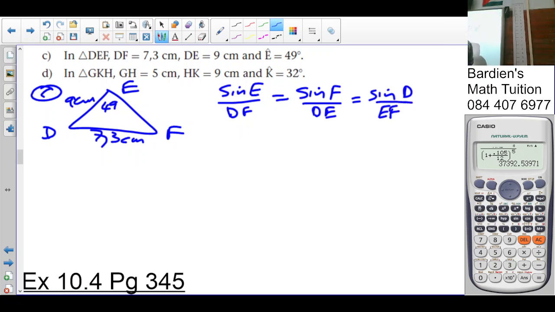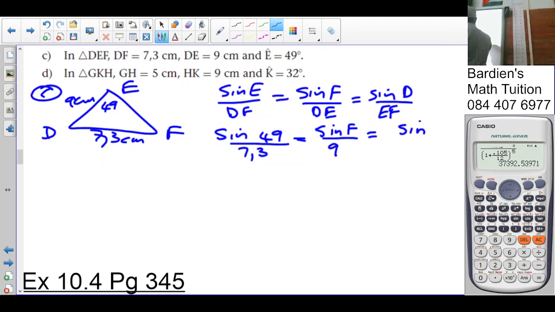What's the question? To solve the triangle. So it's simply going to be sine of E, which is 49, over 7.3 is equal to sine of F over 9, which is equal to sine of D over EF.